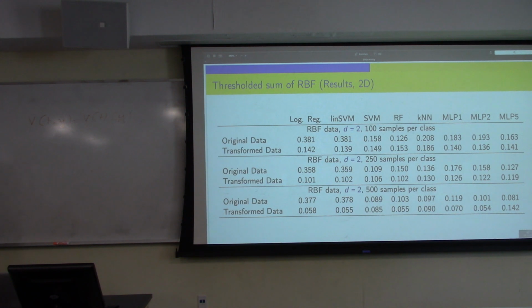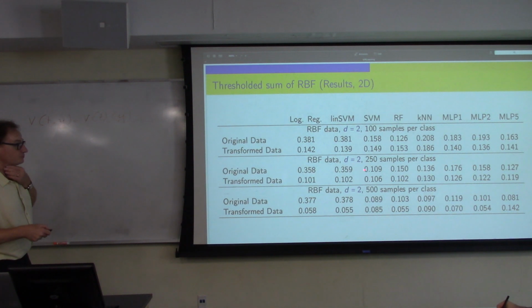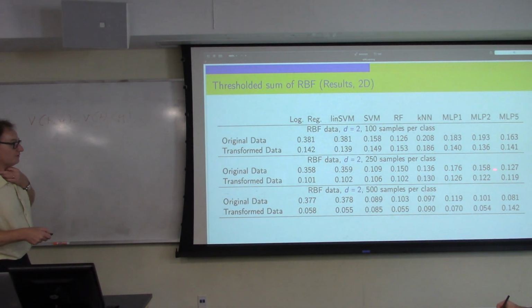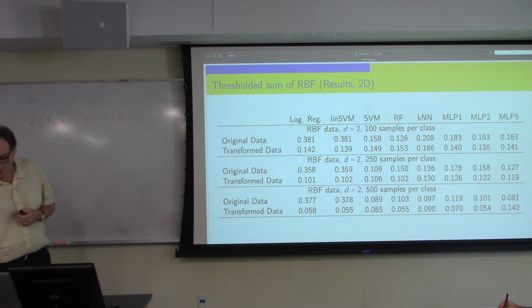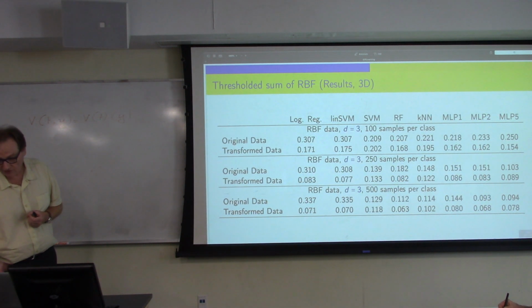So with 100 samples, you get not too bad, but the error rates, the best one, should be around 14%. If you increase the number of examples, everything gets better, so with 500 samples per class, you get something which is not too bad in 2 dimensions.